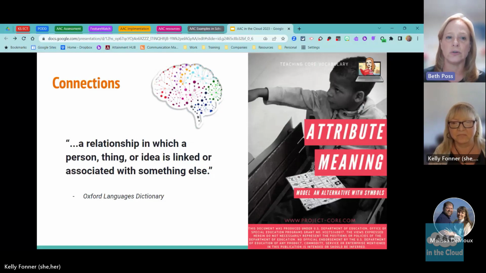We're hoping that our students are able to use whatever language system we've made available to them beyond their own oral language skills in order to interact and connect with that literacy experience. So those all go hand in hand. They're all tied together.